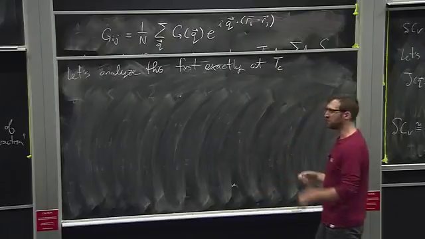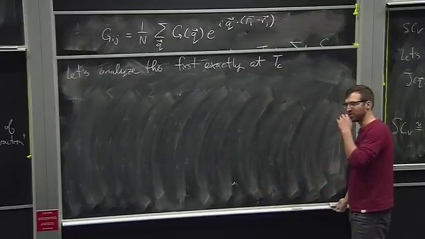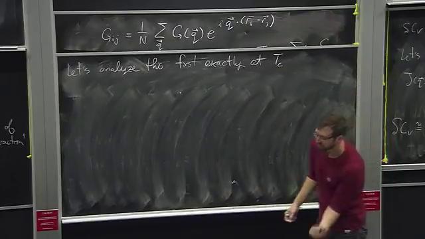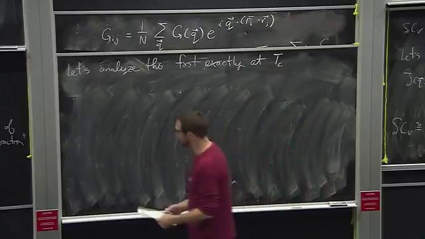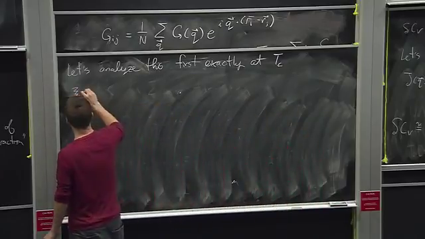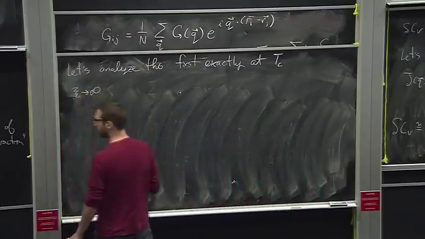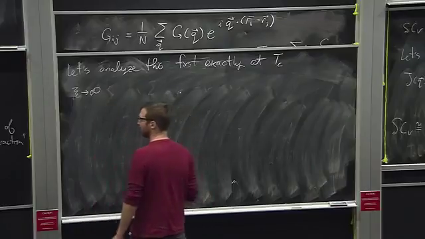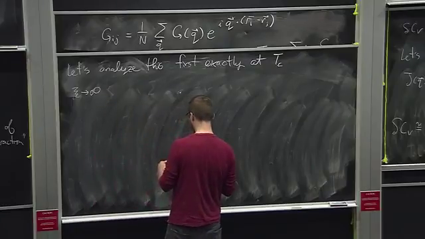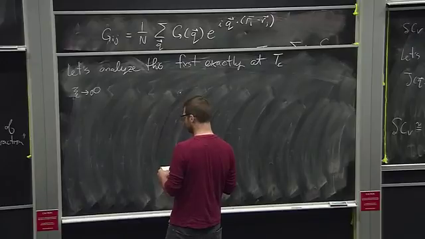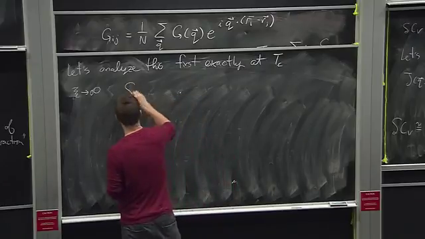So it's like we're approaching TC from above. Now we're exactly at it. So this one's simple. I have A over xi goes to infinity. No, goes to 0.